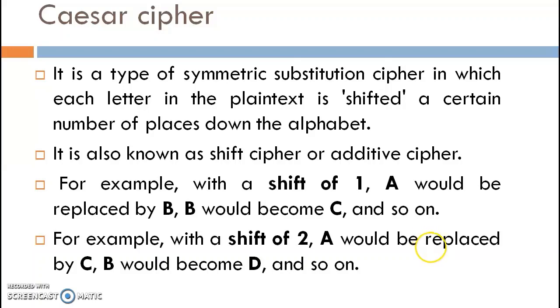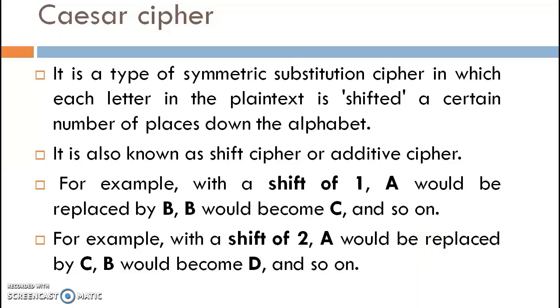In this algorithm, each letter in the plain text is shifted a certain number of places down the alphabet. This algorithm is also known as a shift cipher or additive cipher. The word cipher itself represents an algorithm for encryption and decryption.